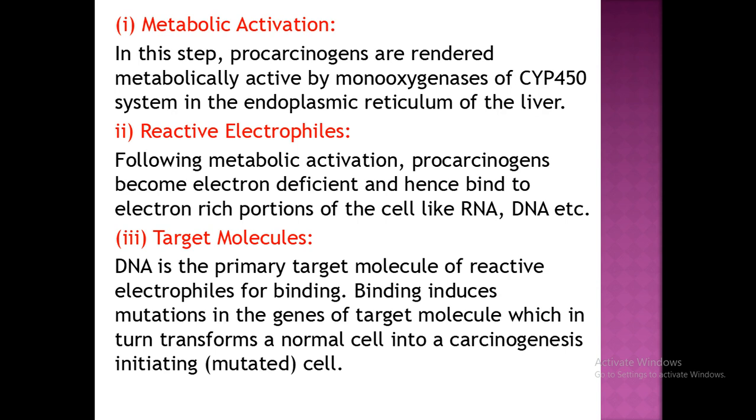Then the third step is target molecules. DNA is the primary target molecule of reactive electrophiles for binding. Binding induces mutations in the genes of the target molecule, which in turn transforms a normal cell into a carcinogenesis initiating mutated cell.